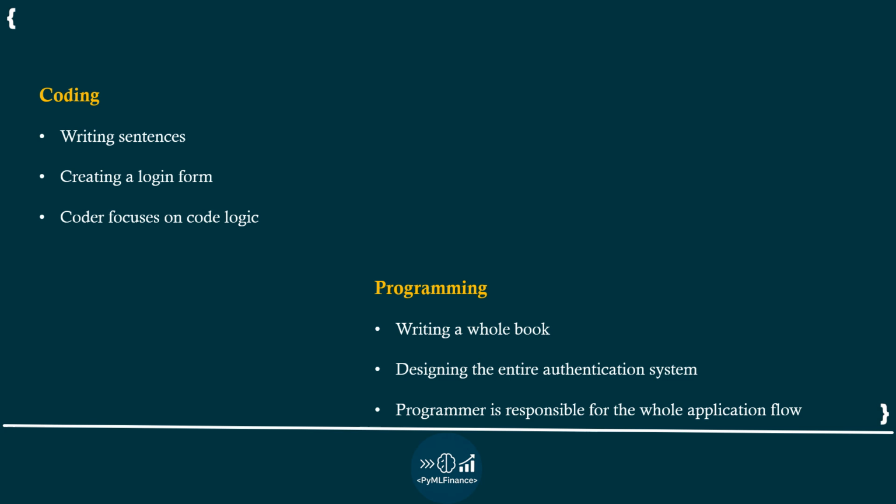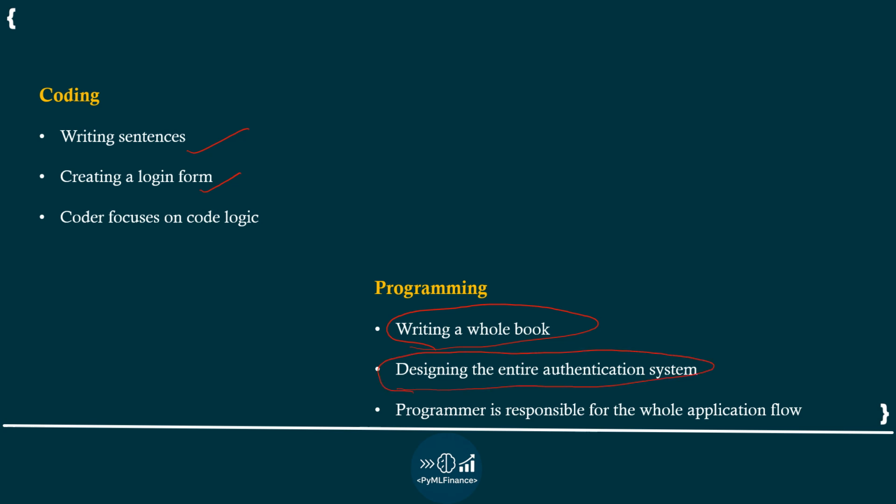Now, what is the difference between coding and programming? Coding is all about writing sentences or text, you can say, and programming is related to writing a whole book. For example, if you want to create a login form, you can do it through coding. You just write certain instructions, and the login form is created. However, when it comes to programming, you are trying to design the entire authentication system.